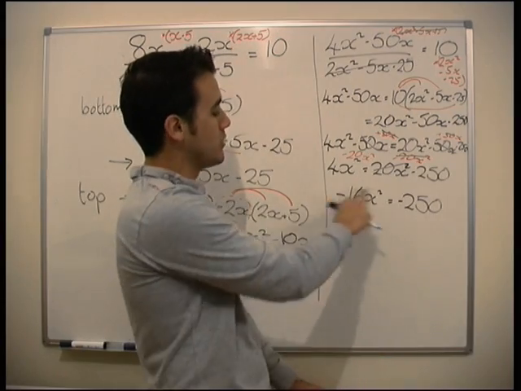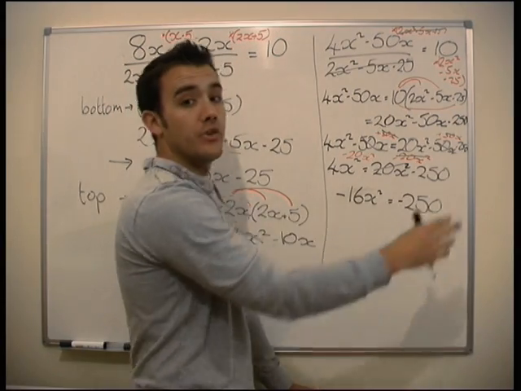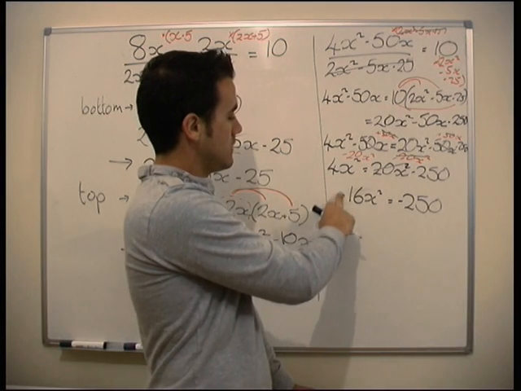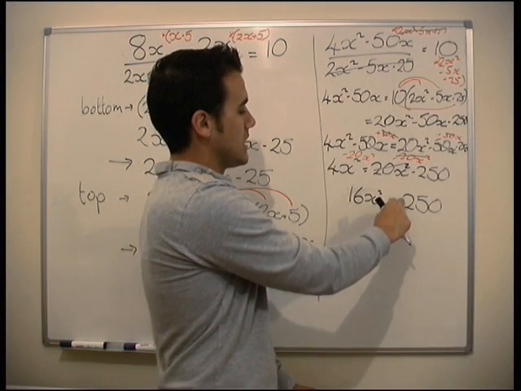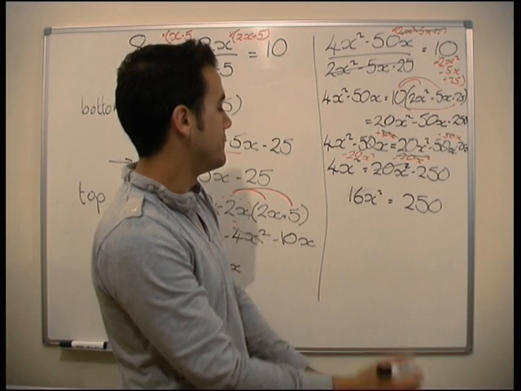Again, we've got a minus on either side, they will cancel. We divide both sides by minus 1 effectively. So they will cancel off. So we actually get 16x squared equals 250.